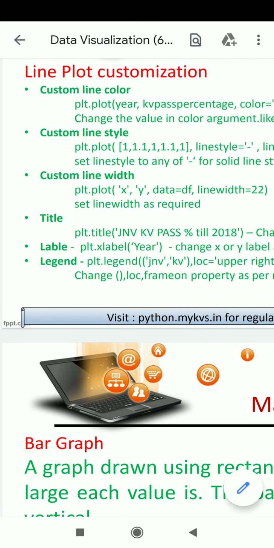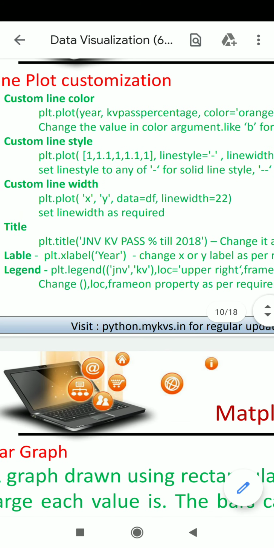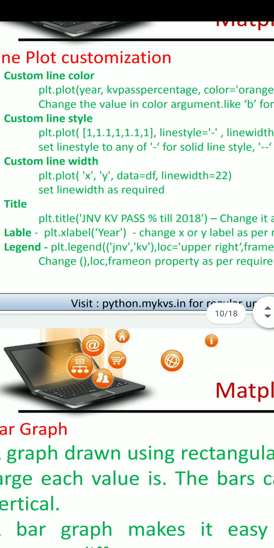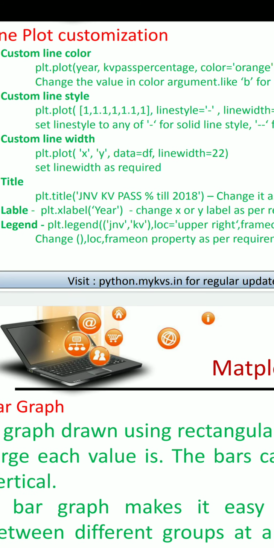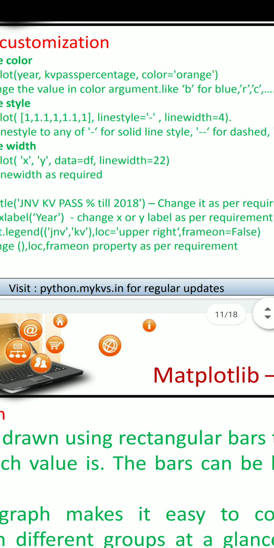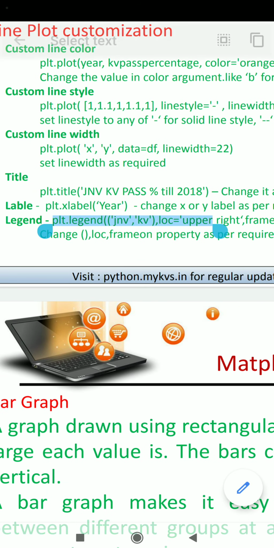Next is label: xlabel, and similarly you can set the value for ylabel. Then legend. We have not called legend, but if you want to display a legend, we can display it at a position as per our requirement.